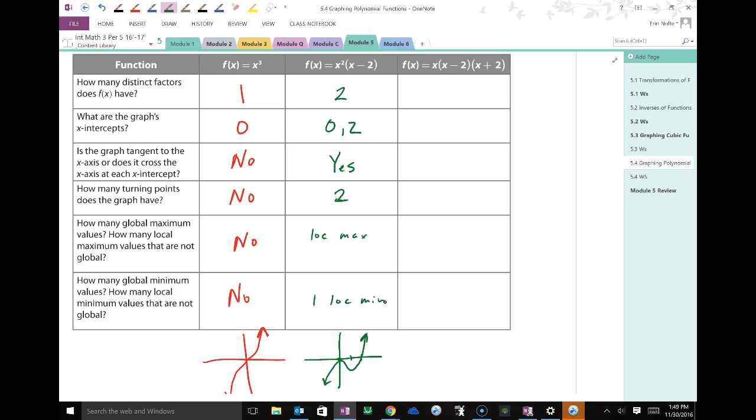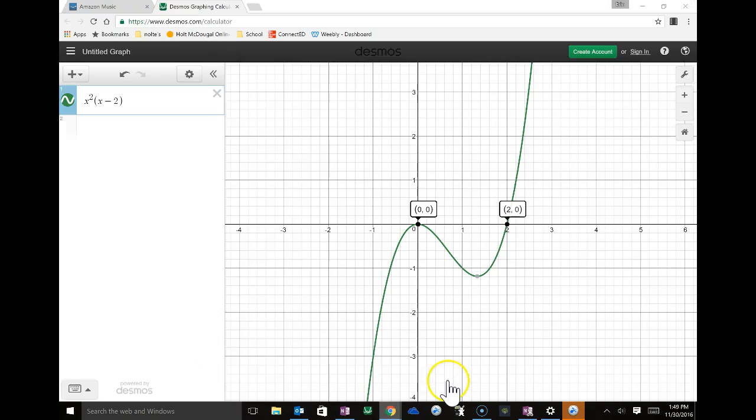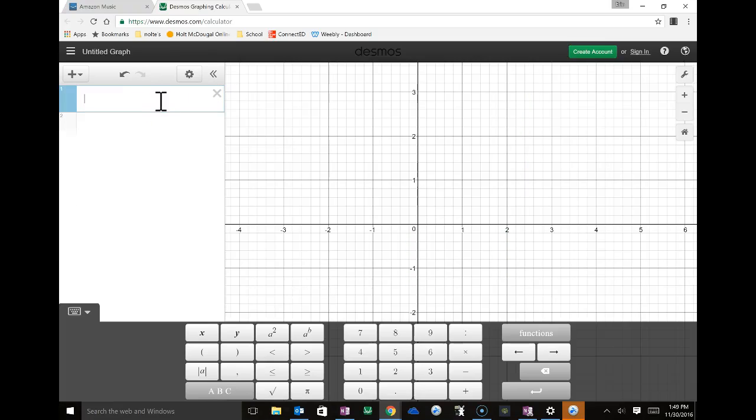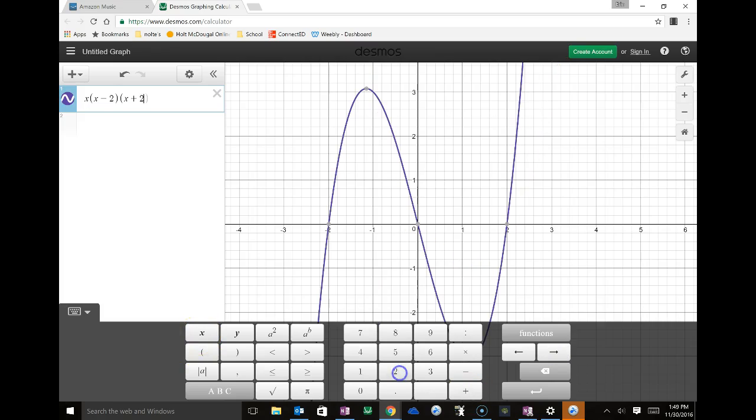Where does it cross the x-axis? There is one on the negative, so it's 0, 2, and negative 2, right? So there's just gonna be three, from x minus 2 and x plus 2.